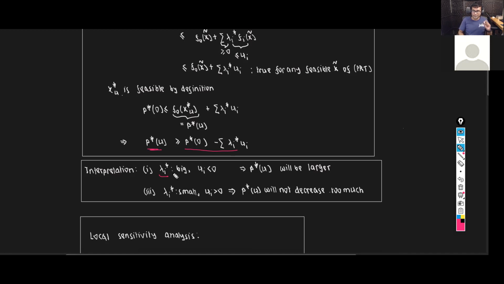That makes sense. But if the dual multiplier is very large, it will go up by a significant amount, even if the amount by which you tightened your budget, which is u_i, is small. Even then, this tells you that your p star u will be large.